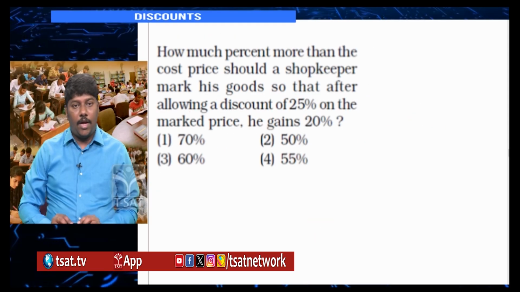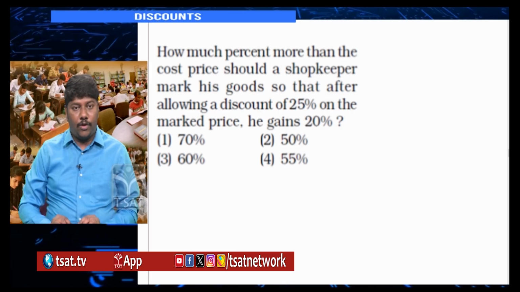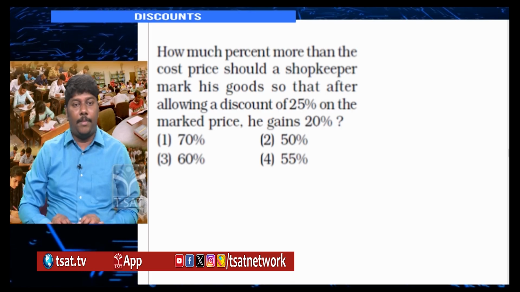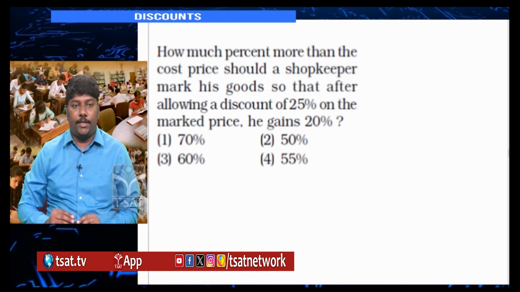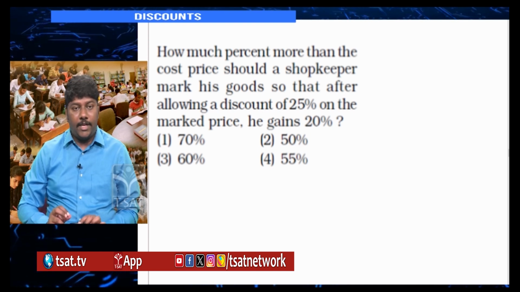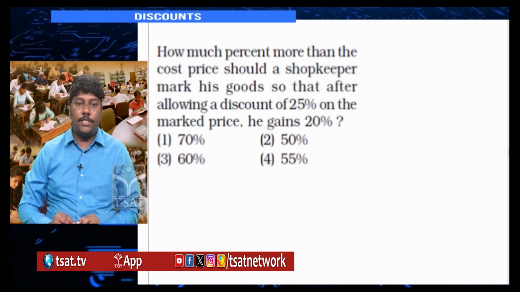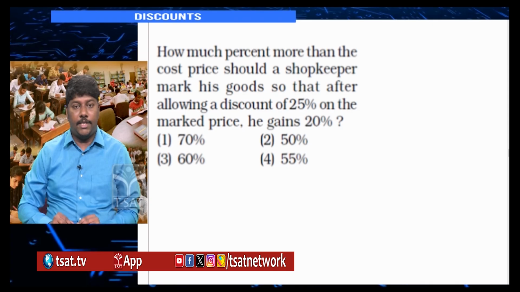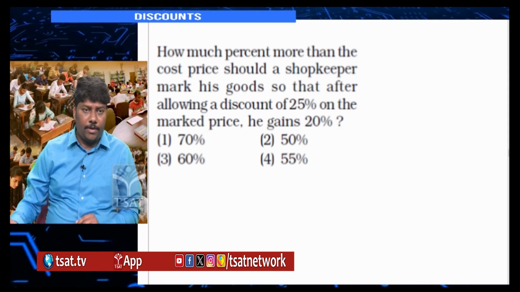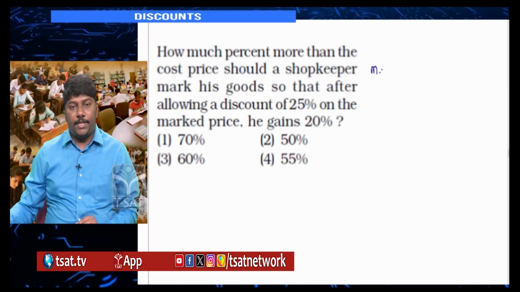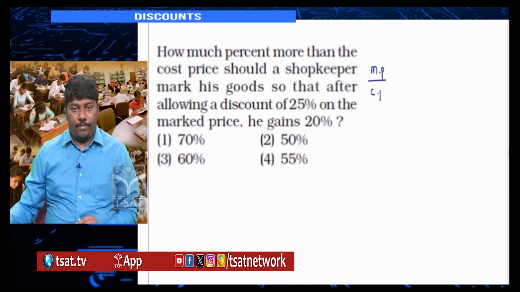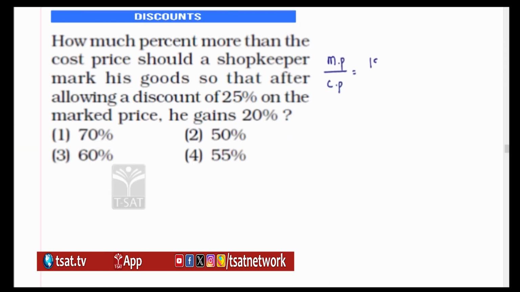Next one: how much percent more than the cost price should a shopkeeper mark his goods so that after allowing a discount of 25% on the marked price, he gains 20%? He is asking you the markup percentage. In order to find the markup percentage, you should know what MP by CP is. 100 plus profit, that is 120, 100 minus discount, that is 75.